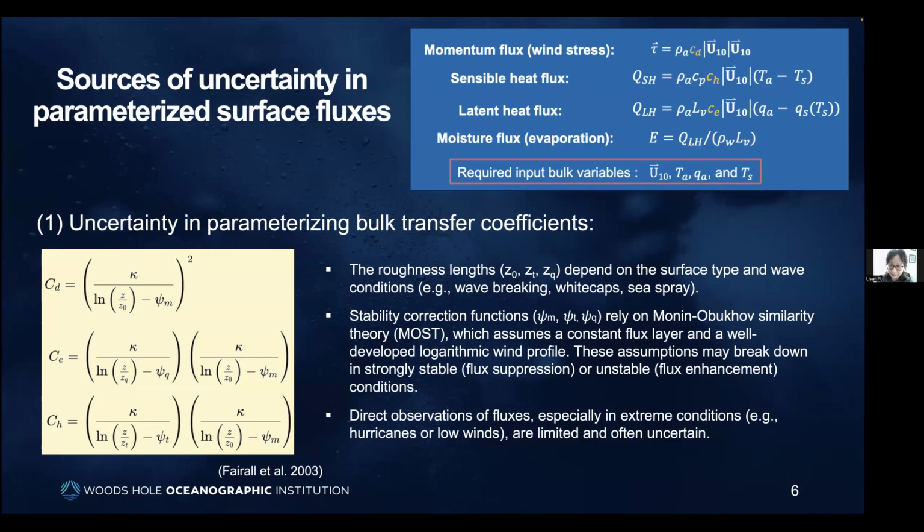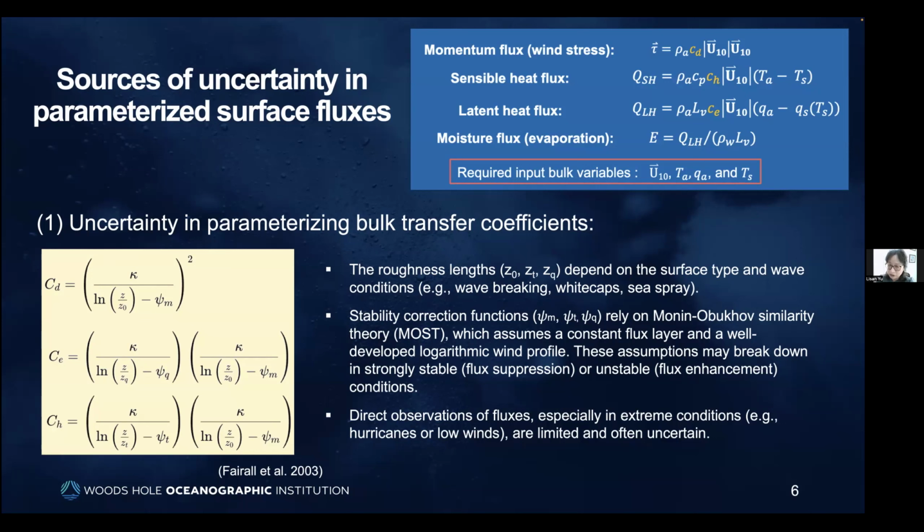And the left is about the equations. You compute the drag coefficients. And those roughness length and stability correction functions depend highly on the surface conditions, such as wave breaking, whitecaps, and sea spray.